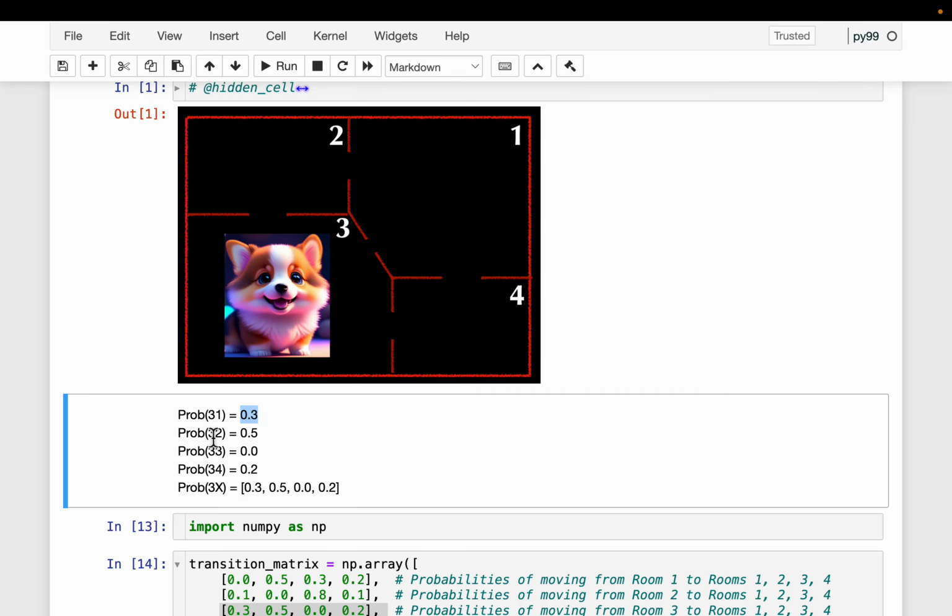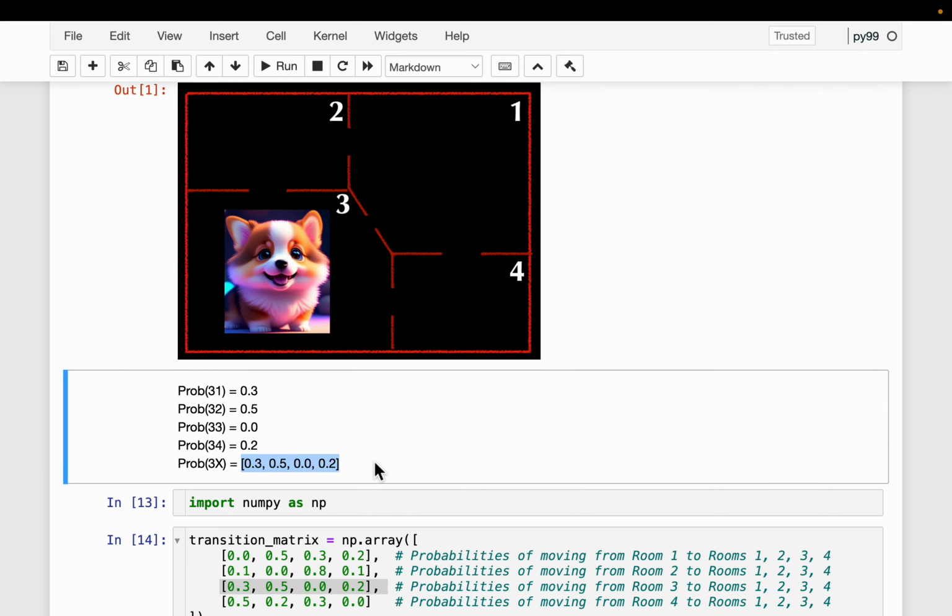And similarly, from room 3 to room 2, it's 0.5. Now let's say the pet won't stay in the same room for more than a day. So it will make a move to a different room. So the probability is 0. And then moving from room 3 to room 4 is 0.2. Okay. So these are the 4 probabilities we have.